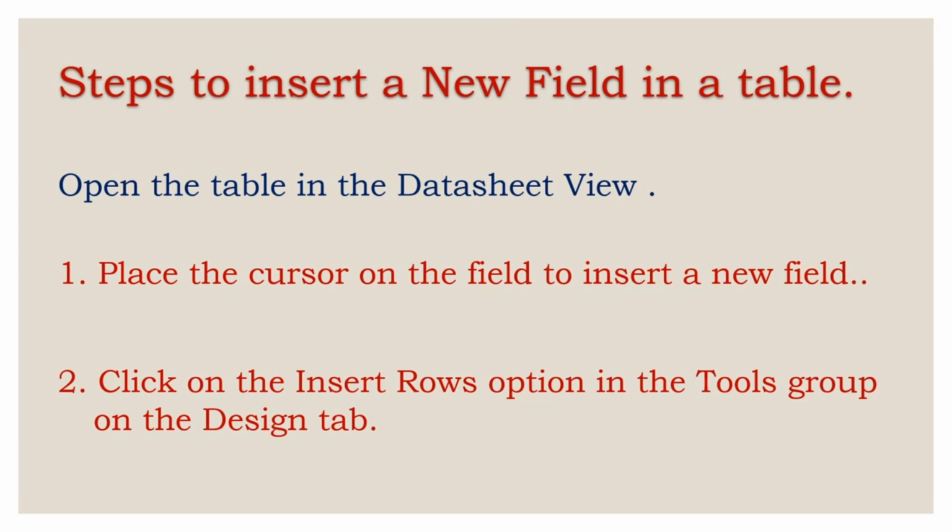Steps to insert a new field in a table. First, open the table in the datasheet view. Place the cursor on the field to insert a new field. Second, click on the Insert Rows option in the Tools group on the Design tab.